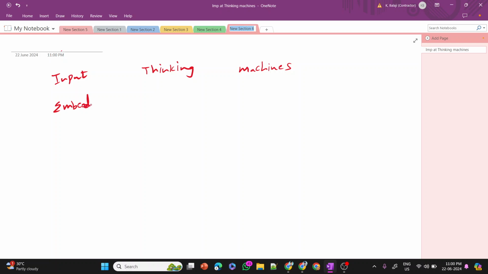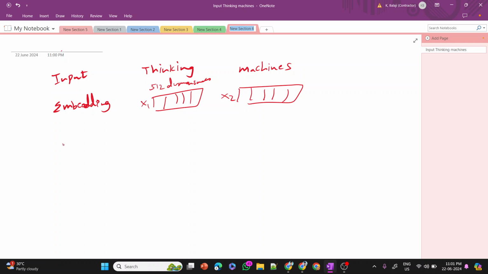After applying embedding, the words are converted into vectors like x1 and x2 of a fixed dimension.